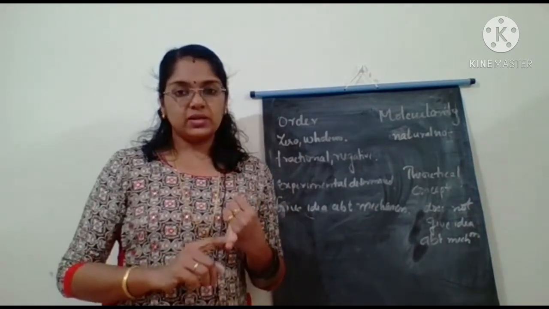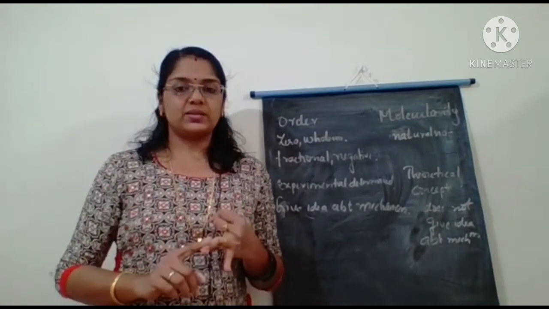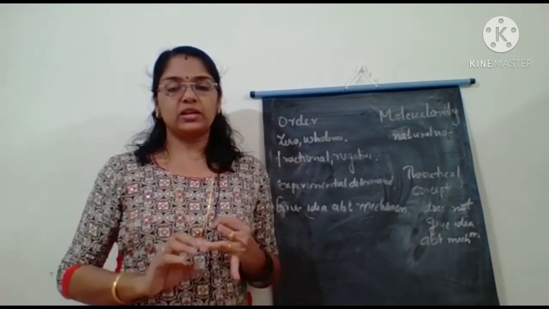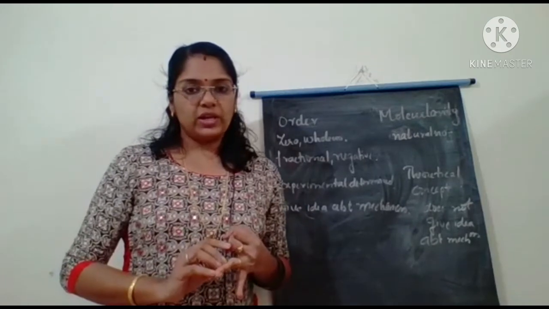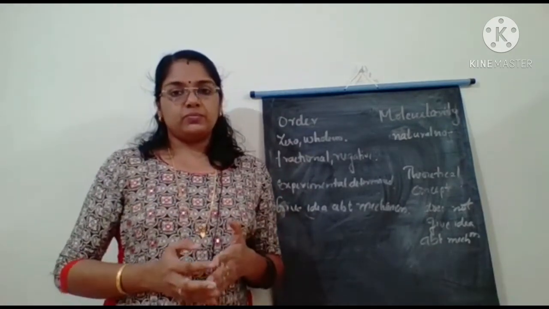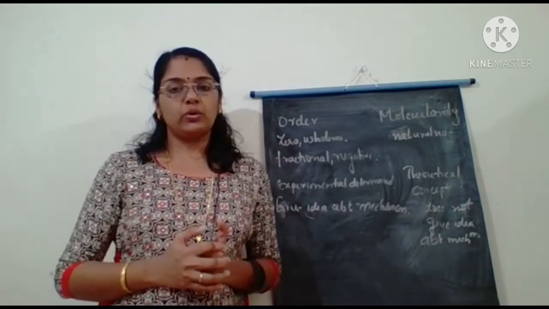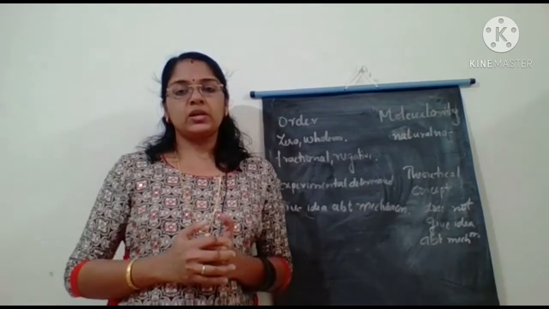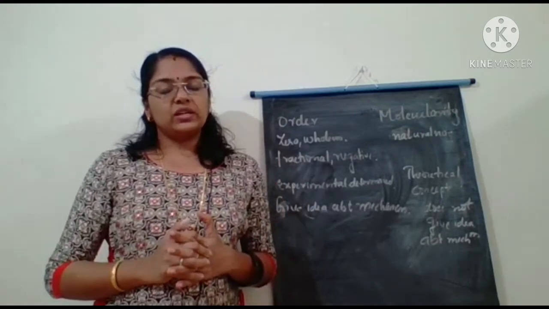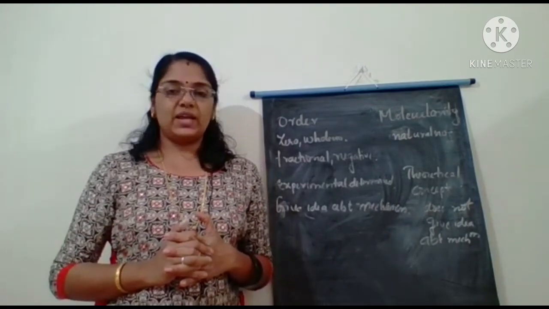But molecularity is a theoretical concept. Just after balancing a chemical equation, we can find the molecularity of the reaction. Again, when we discuss the mechanism, by determining the order we can get some idea about the mechanism of the reaction. But molecularity does not give any idea about the mechanism of the reaction.